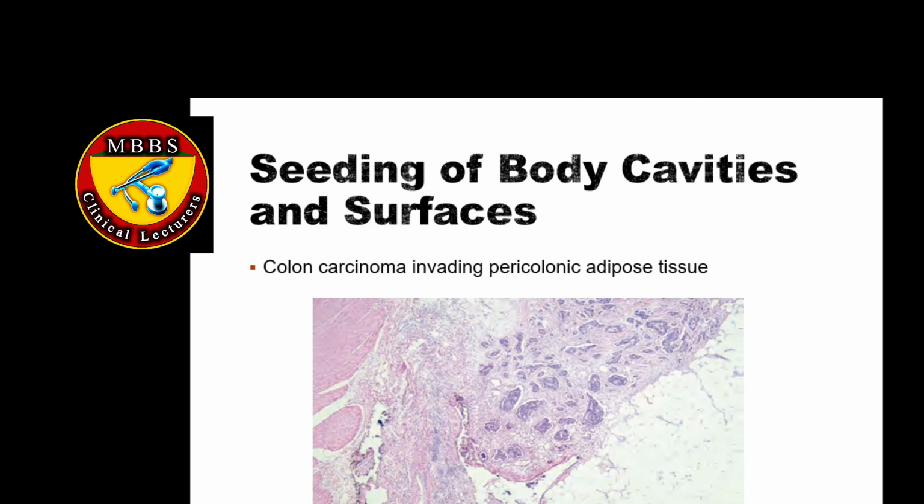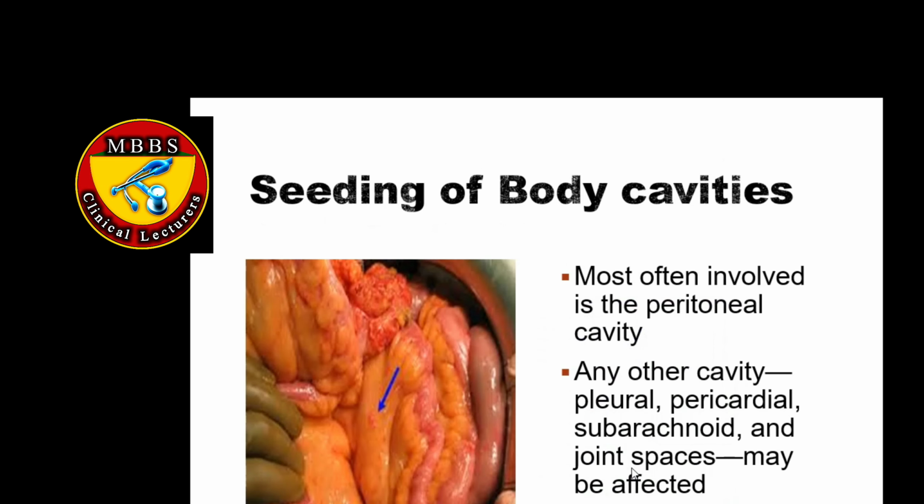This is the colon wall, ending over here, muscularis externa and serosa, and after that this is the extracolonic fat or the peritoneal fat, in which you can see a lot of tumor deposits. These are the purplish tumor deposits found in the adipose tissue. So these are the seeding of body cavities and surfaces.